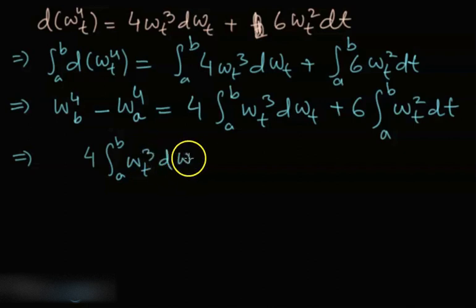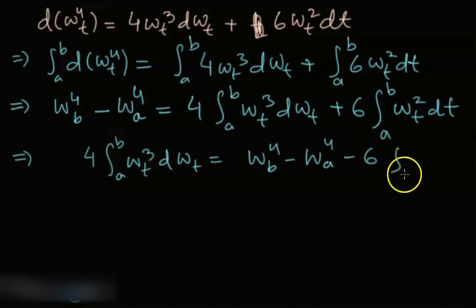After a slight rearrangement, we get 4 times the integral from a to b of Brownian cubed dW to be equal to W computed at b to the power 4 minus W computed at a to the power 4 minus 6 times the integral from a to b of Brownian squared dt. By the way, you could compute this integral from a to t as well.